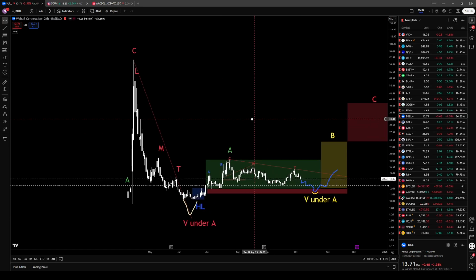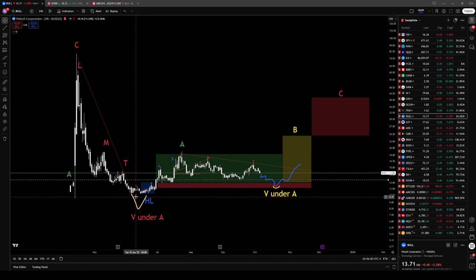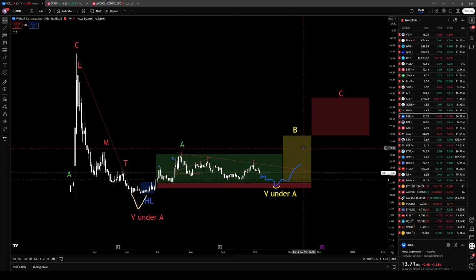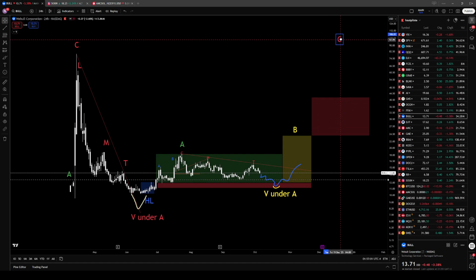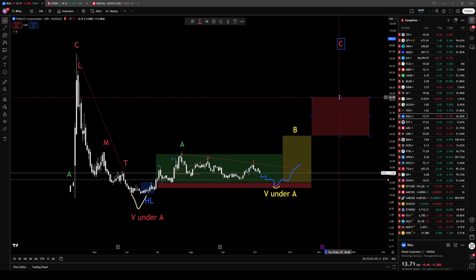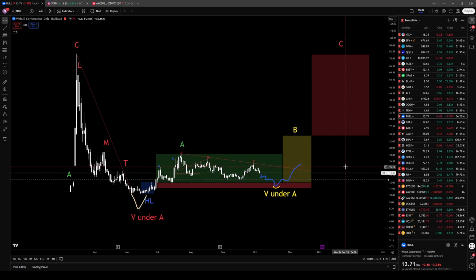Let's start from the beginning. We have our C, low high, midpoint T, V under A, high low. This whole thing is A. This is B, and then is C. I mean, okay, C, break all-time high or reject all-time high. Who knows?